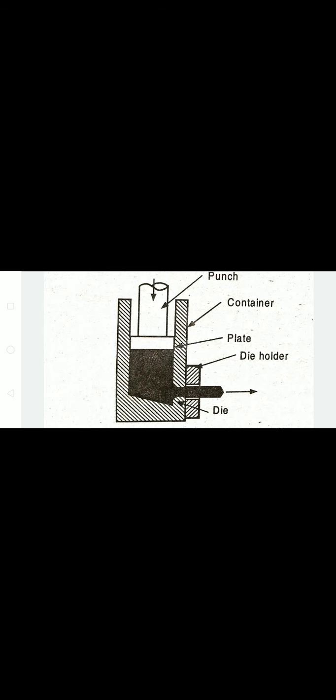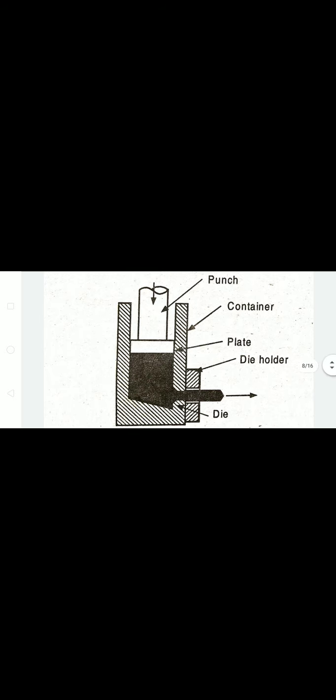The vertical ram applies force on the metal, and the extruded part comes out from the bottom die end at the side. When it is pressurized downward, the metal squeezes and moves sideways to the die provided at the side. Through the narrow opening in the die, under high compressive forces in vertical direction, the metal is squeezed in horizontal direction. It is clearly shown in the figure.